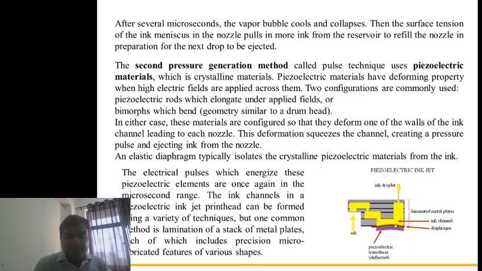The ink channel in a piezoelectric inkjet printhead can be formed using a variety of techniques, but one common method is lamination of a stack of metal plates, each of which includes precision micro-fabricated features of various shapes. So actually, to separate the piezoelectric material from the ink channel, they are using a lamination of a stack of metal plates.